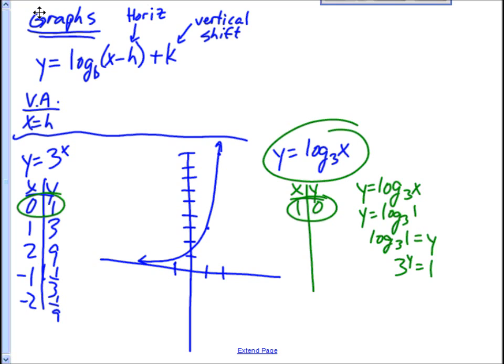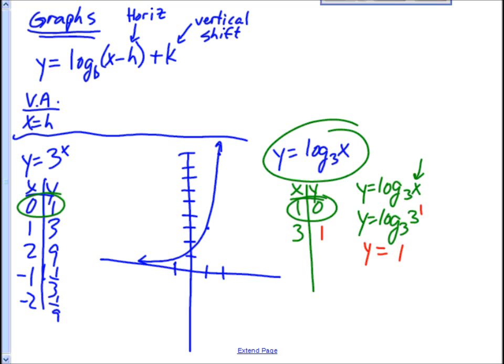Now the next nice one to plug in is where this x is 3 to the something. So let's let x be 3. Log base 3 of 3 to the 1 is 1. Remember, they undo each other.